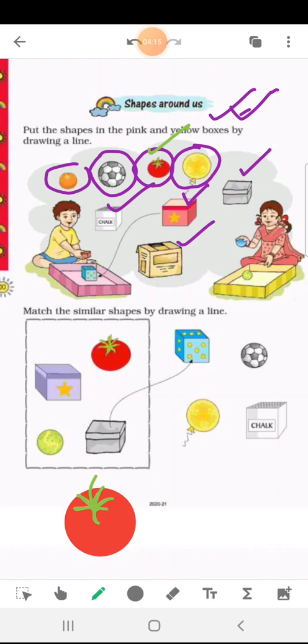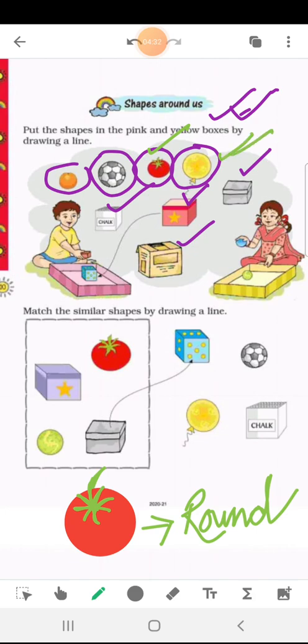The shape of the tomato is also round. Okay. So this was a tomato. You like tomato, I think.